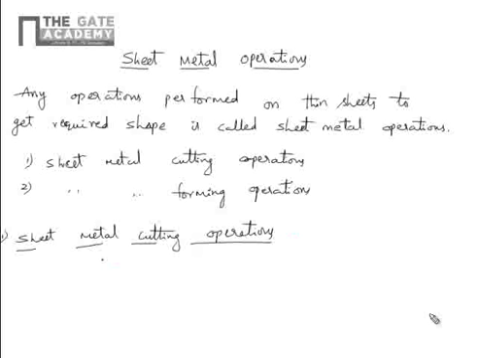The name tells us that here we are cutting the sheet. If you want to cut any sheet, you need to apply a load more than the ultimate stress. If you want to bend or change the shape or dimension of a sheet, you need to apply load more than the yield stress.